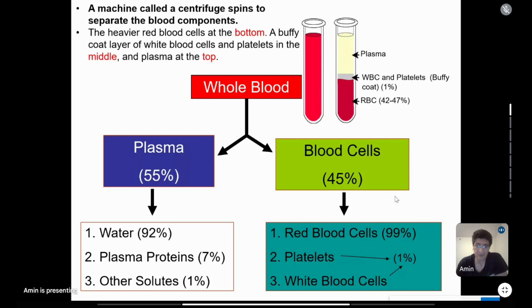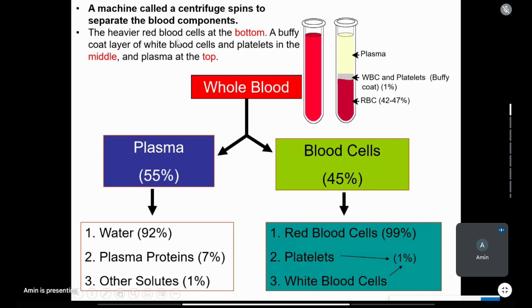If we centrifuge the blood tissue, we can see the separate parts of blood tissue. You can see here a machine called a centrifuge that spins to separate the blood components. Here you can see blood tissue before centrifuging and after centrifuging. Here you can see red blood cells, and white blood cells and platelets called the buffy coat, and plasma.